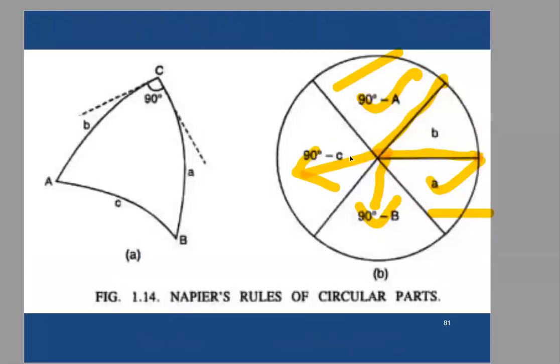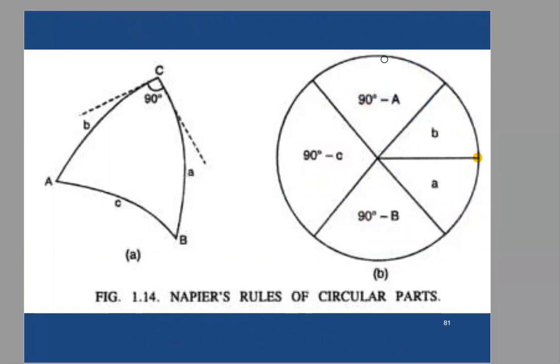Let me clear this first. Suppose we are considering this. The adjacent parts are this one and this one, and the opposite parts are this one and this one.